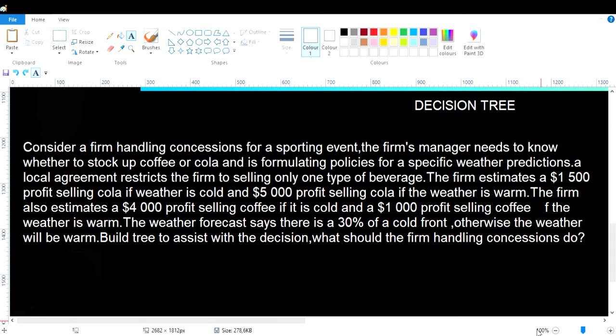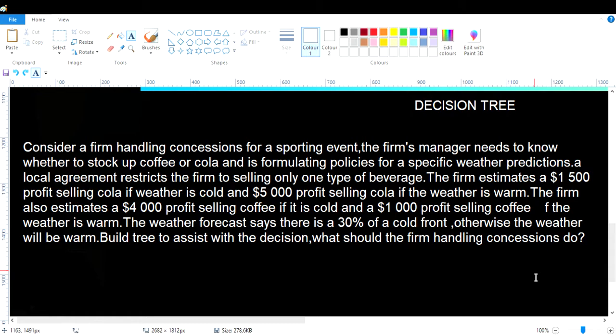Okay. The firm estimates a $1,500 profit selling cola if weather is cold, and $5,000 profit selling cola if the weather is warm.